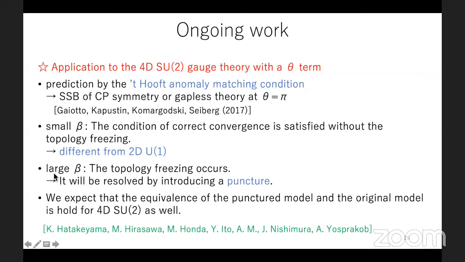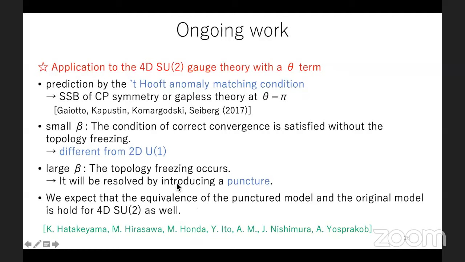On the other hand, for large beta, topological freezing occurs. This is the same as the 2D case. But it will be resolved by introducing a puncture. So we will try to introduce a puncture on the four-dimensional lattice. And we also expect that the equivalence of the punctured model and the original model also holds for the four-dimensional case as well.